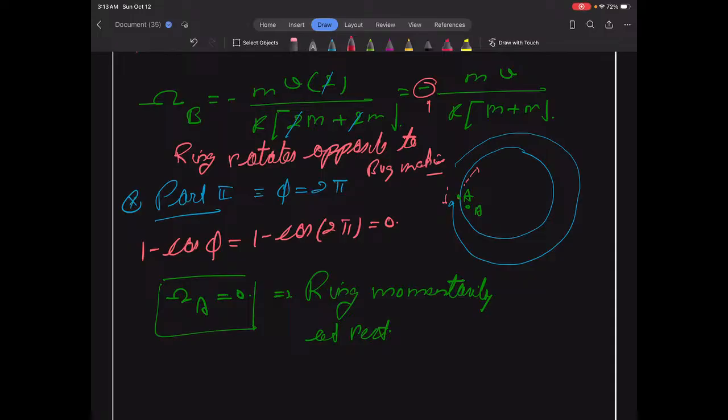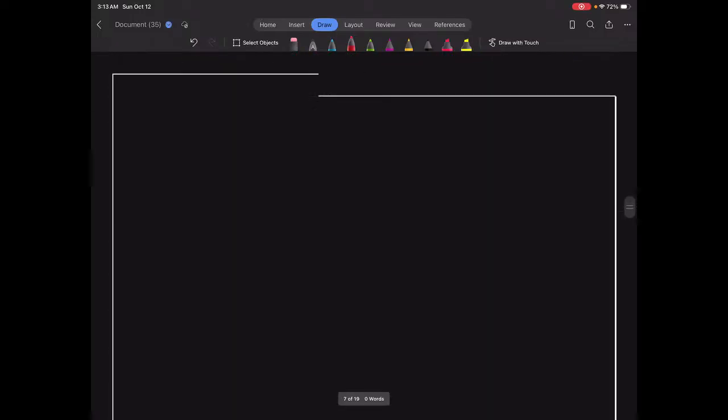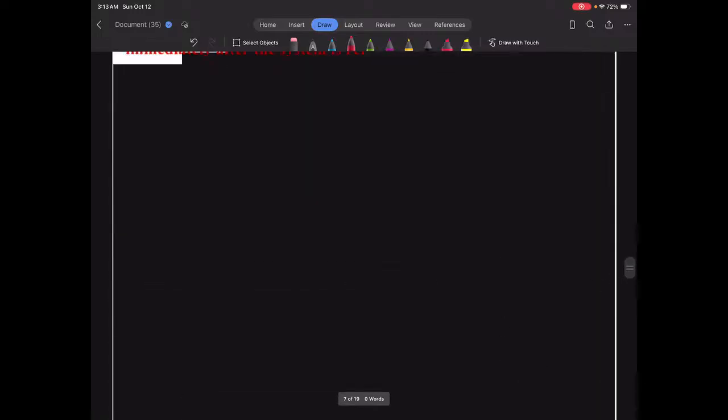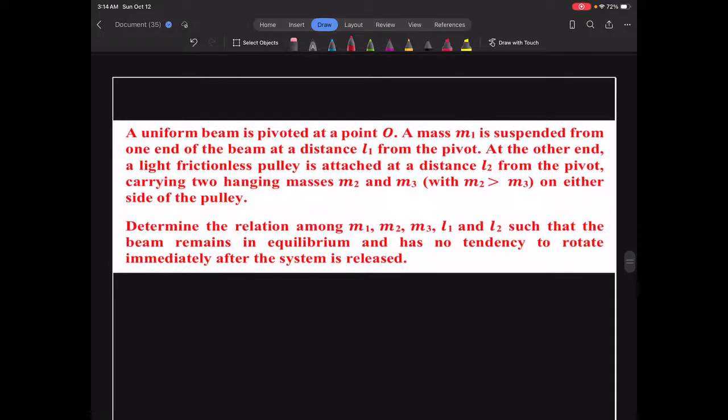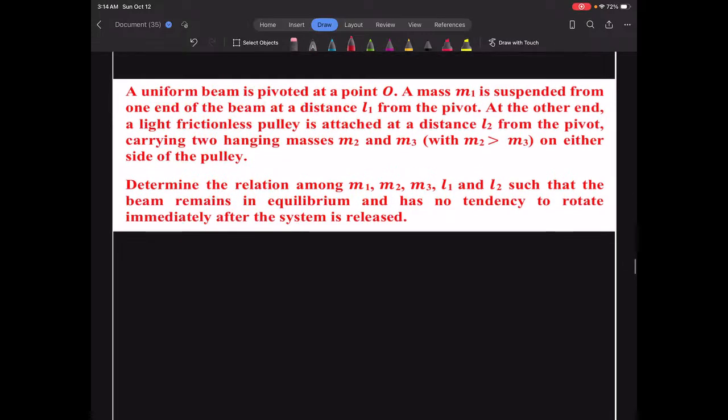So this was the first question, and we come to the second question. It states that it is a mixture of an Atwood machine and equilibrium. A uniform beam is pivoted at point O. A mass m1 is suspended from one end of the beam at a distance L1 from the pivot.